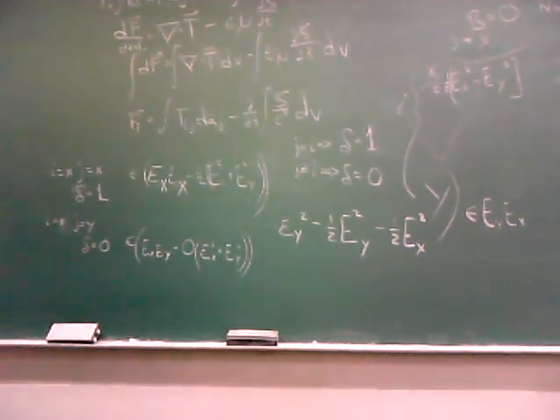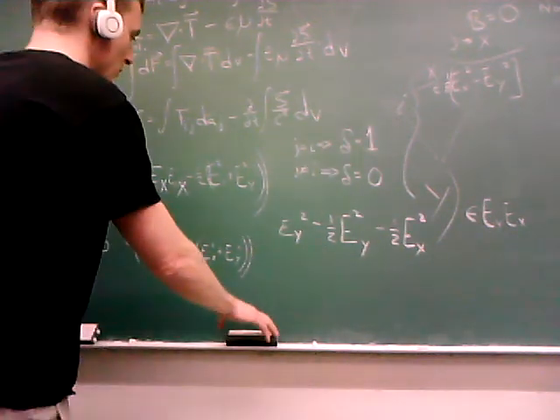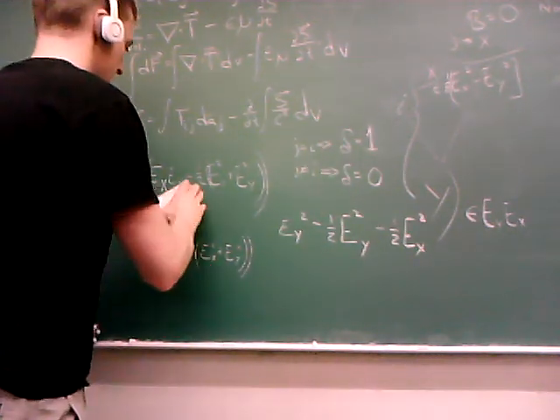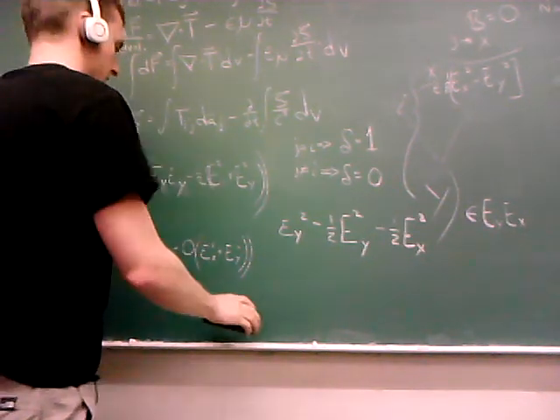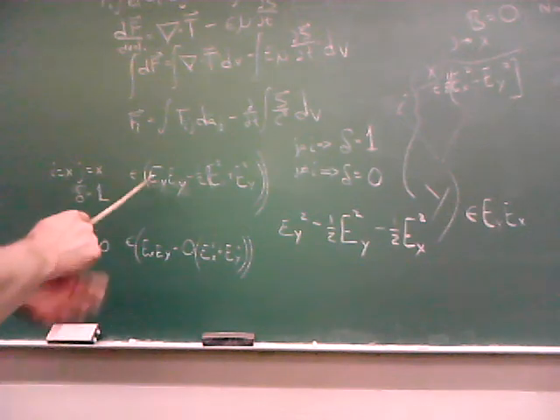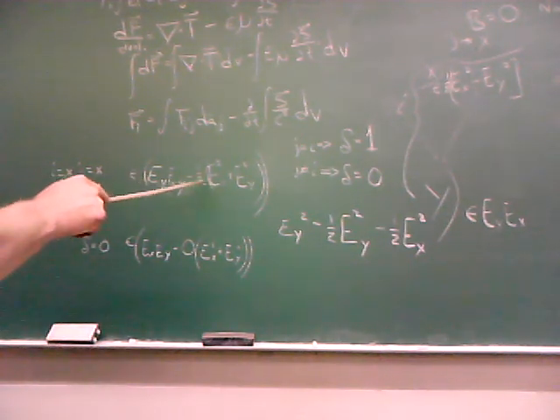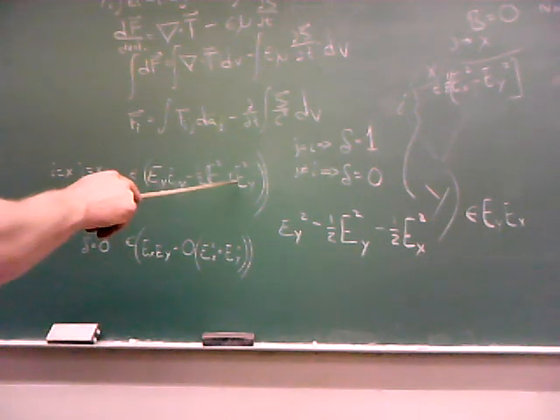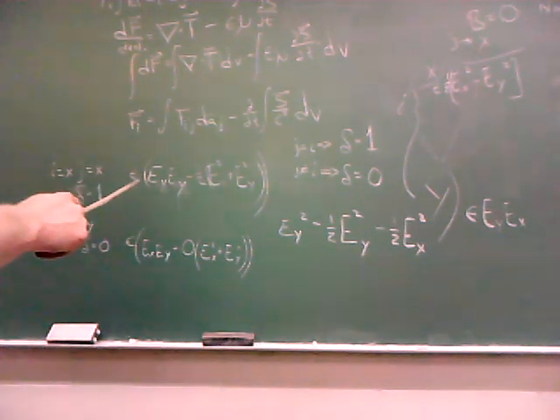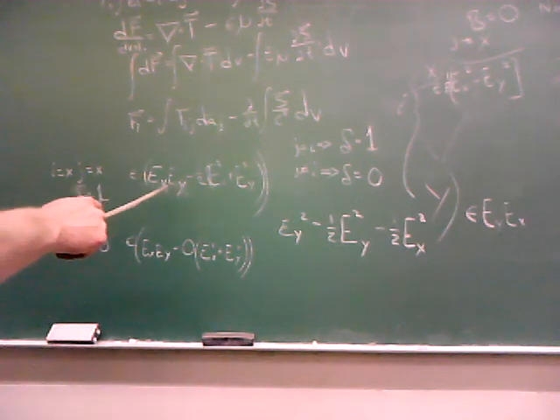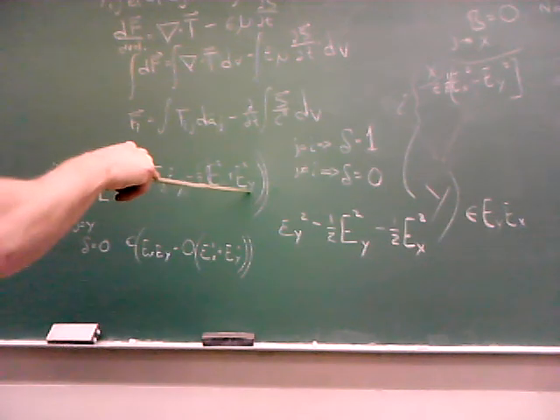Now lastly, row 2, column 2, row y, column y. We get E sub y squared from these two terms minus 1/2 times the magnitude. And these two being squared, it's the same thing as saying 1 minus 1/2 in the y direction.